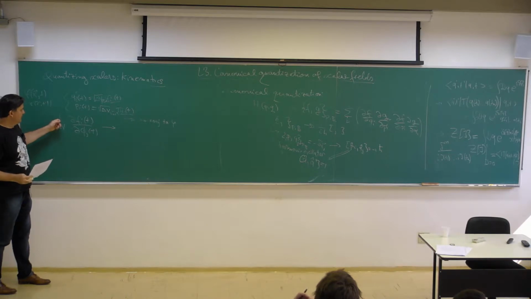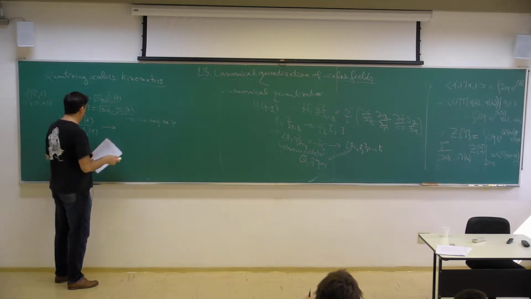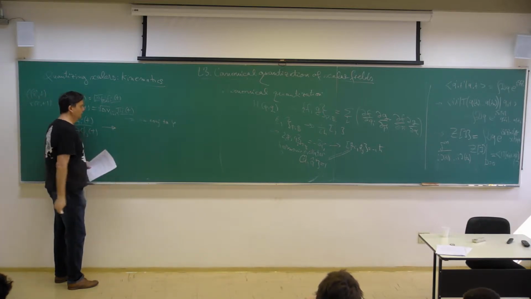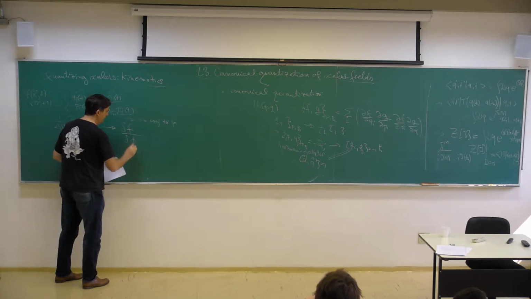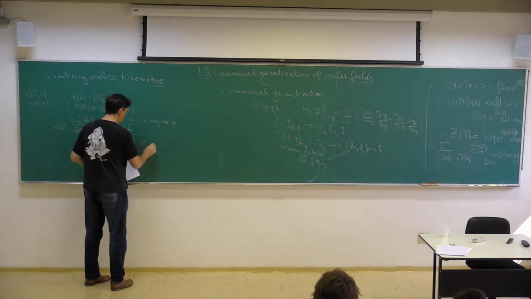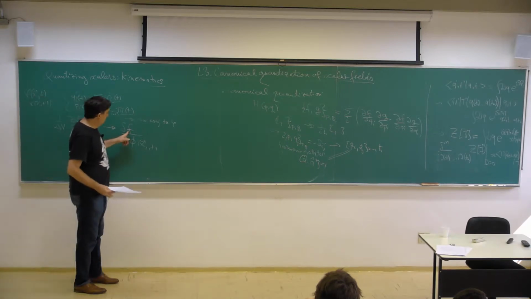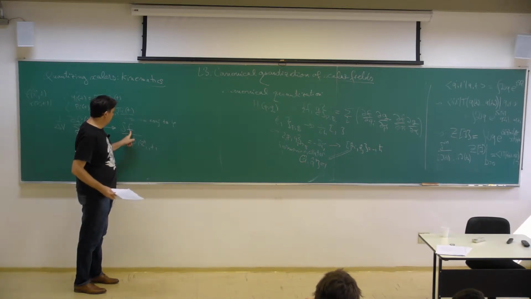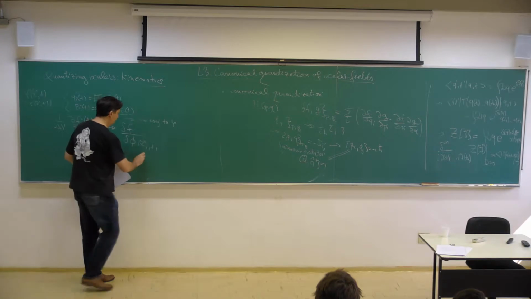So we define that 1 over delta v d phi j, df d phi j, should be some sort of derivative with respect to the function phi. But if this is a function, then f itself is a function of a function, right?